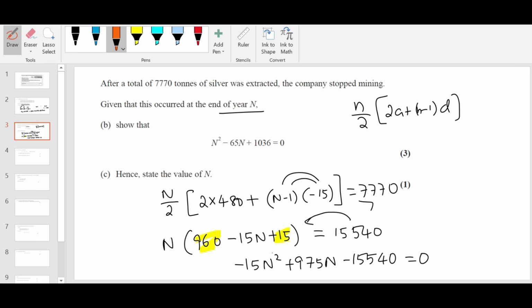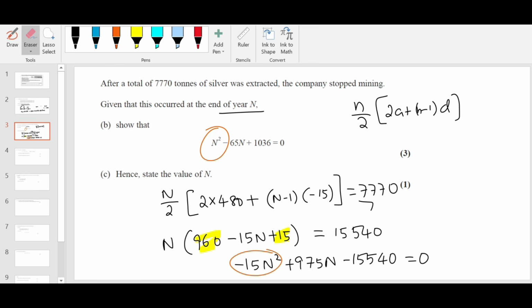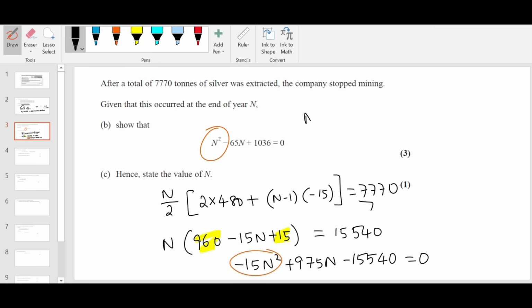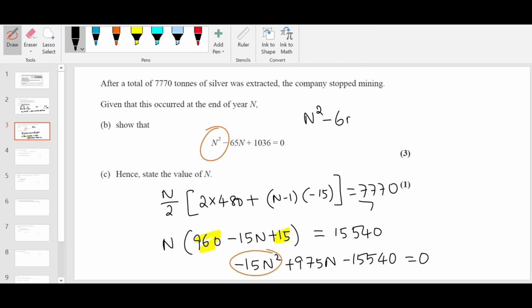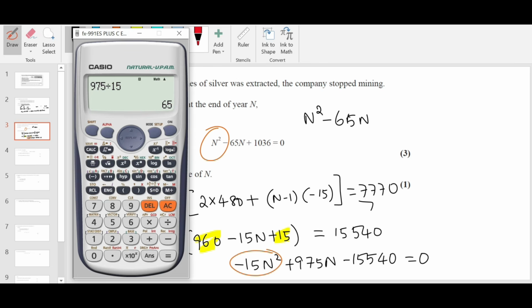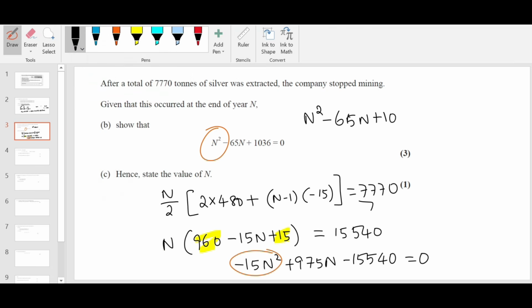We have minus 15n square. We need positive n square, so you can divide the whole equation by minus 15. So it's going to be n square minus 65n plus 1036 is equal to 0.